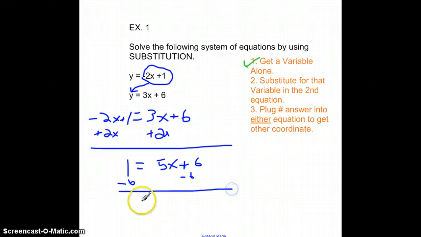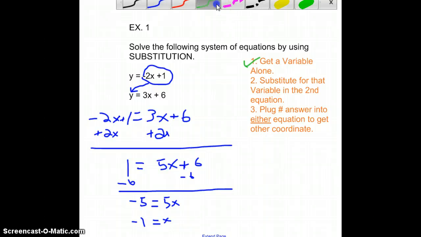So we've got negative 5 equals 5x. Divide by 5, we know that x equals negative 1. Great. So now we're done with step 2 officially.